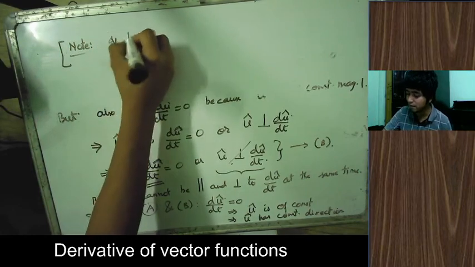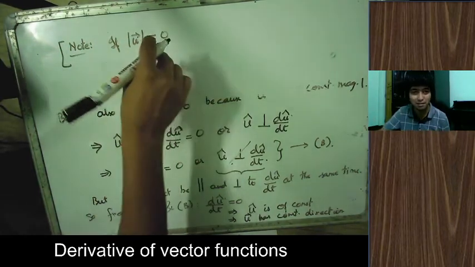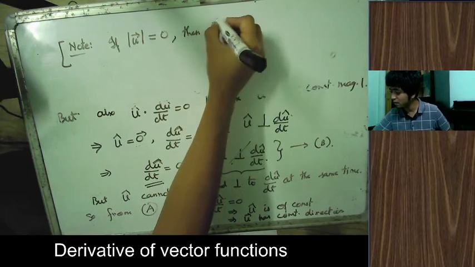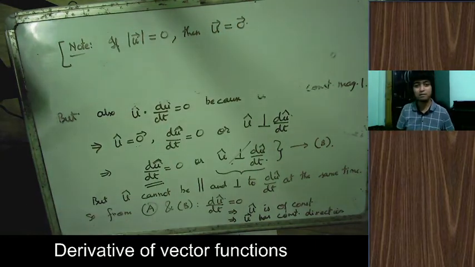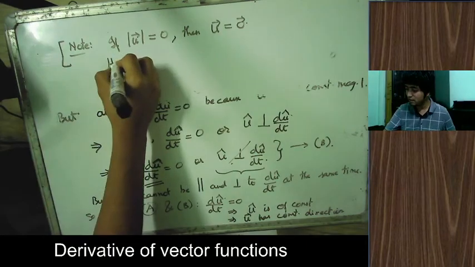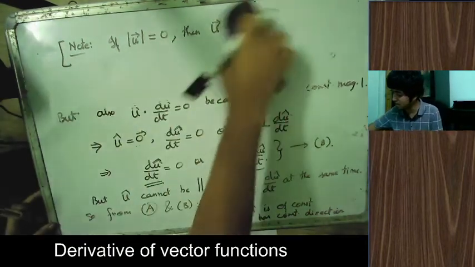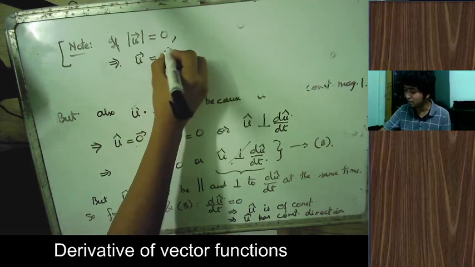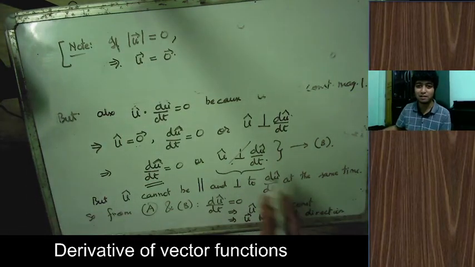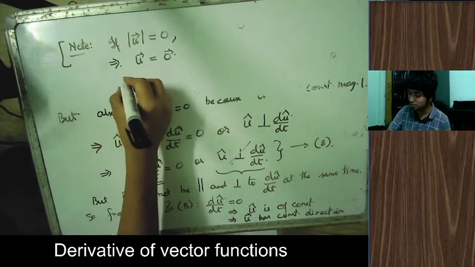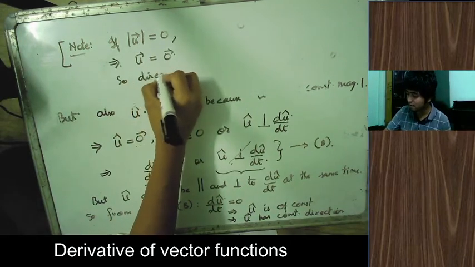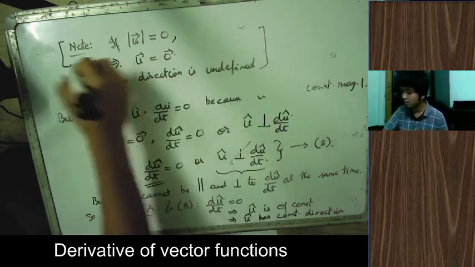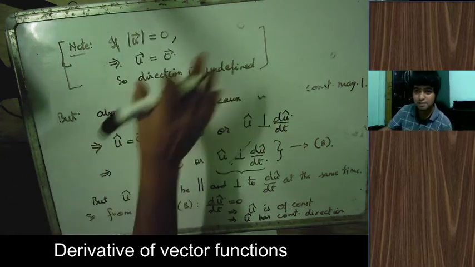Note: if magnitude U is equal to 0, then U will be a 0 vector, so direction is undefined. This is also part of the theorem.